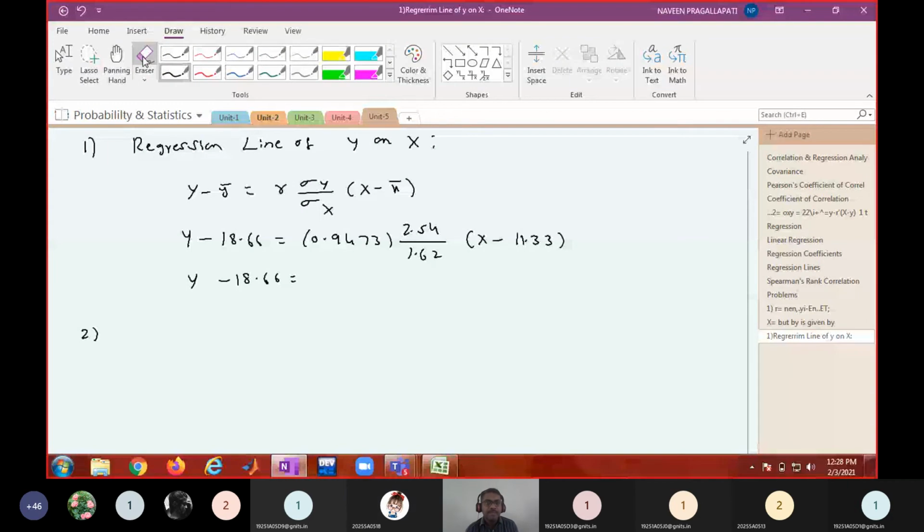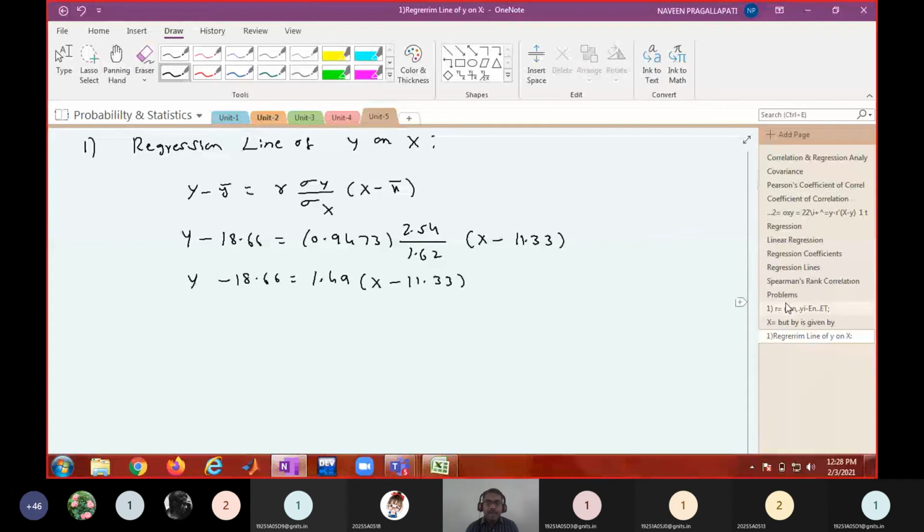Compute this value. 1.4853. So 1.49, let us round off, into x minus 11.33.